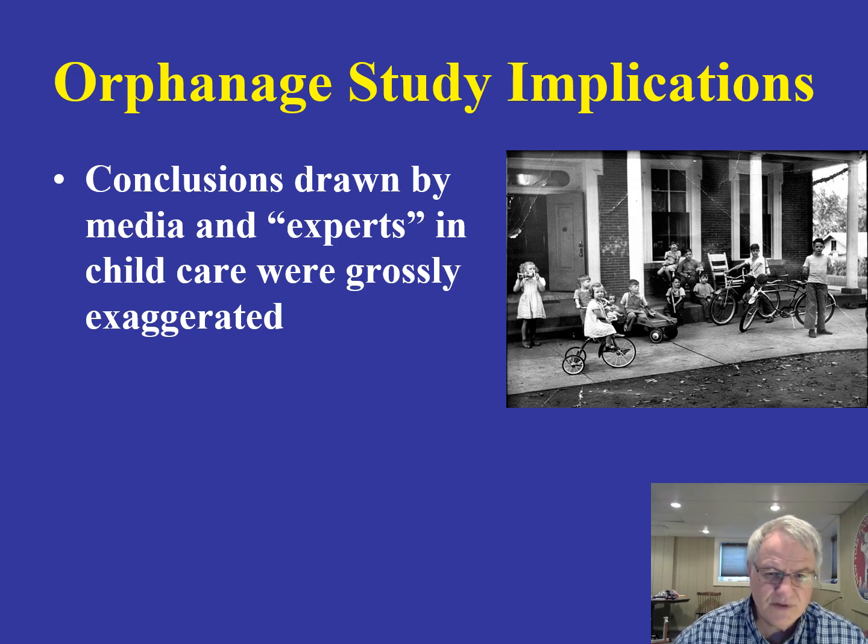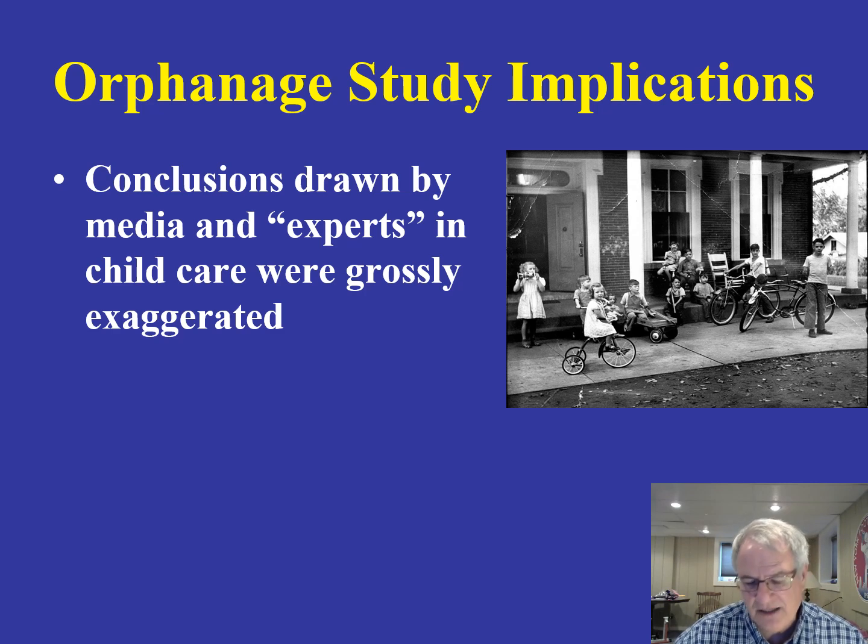The conclusions that were drawn by the media and by experts just absolutely exaggerated those findings of Wayne Dennis, and began making all kinds of recommendations that you should be exposing your kids at a very early age to all kinds of patchwork objects in their room, all kinds of mobiles, and this extraordinary information overload, sensory overload, in order to make sure that your child develops normally.